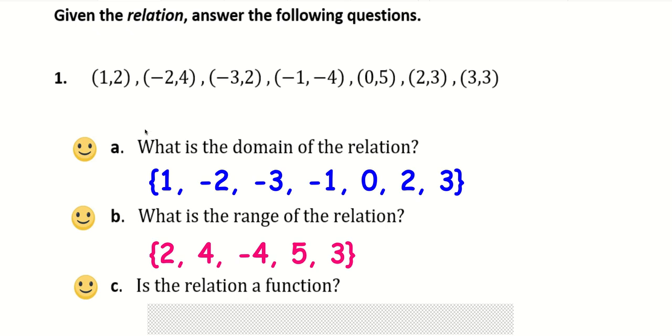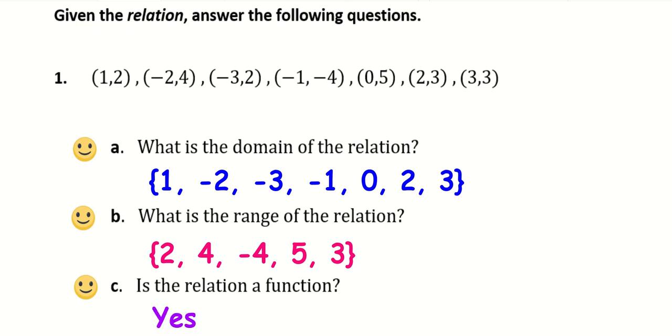All you have to do is look at the x coordinates and see whether or not there's any repeats, because as long as there are no repeat x's, then it qualifies as a function. For every x, there's only one y in a function, and one way to translate that is there are no repeat x's. So given a list, easy.